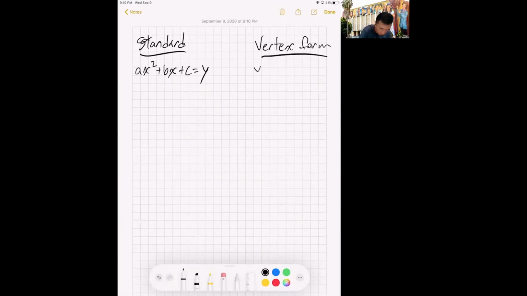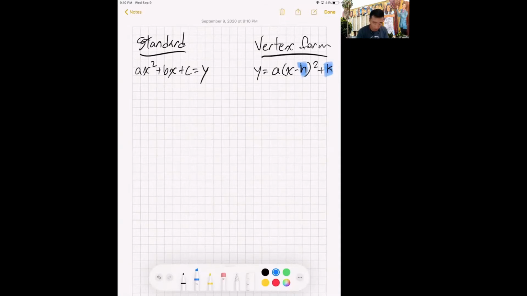And the vertex form goes like this: a(x minus h) squared plus k. Let me write that again. Okay, plus k. Now, what you have to pay attention to is the h and the k. Okay, very important.